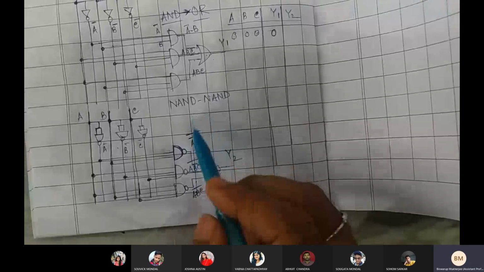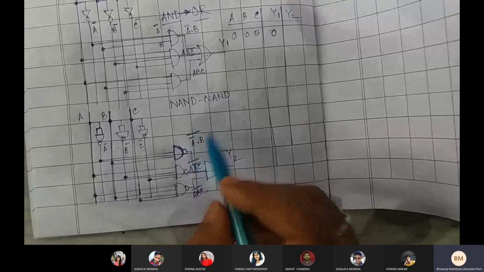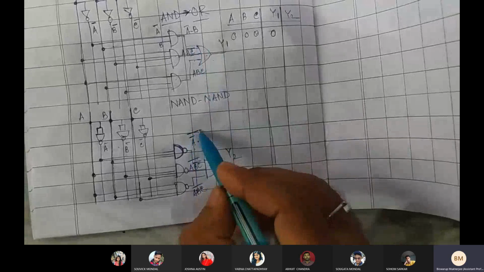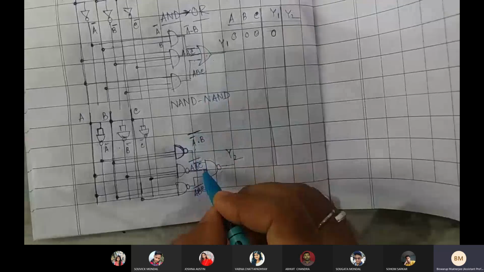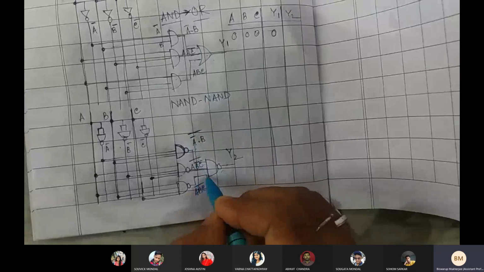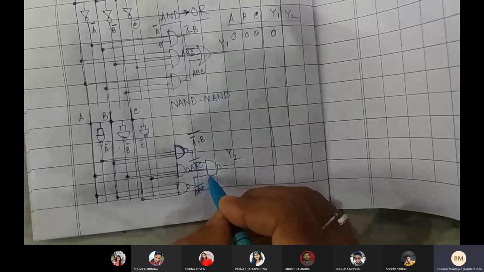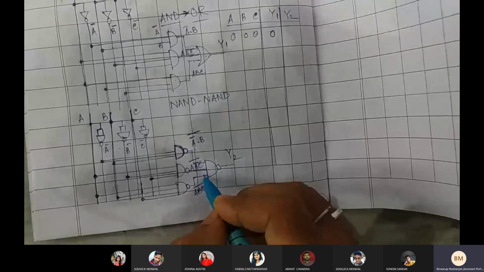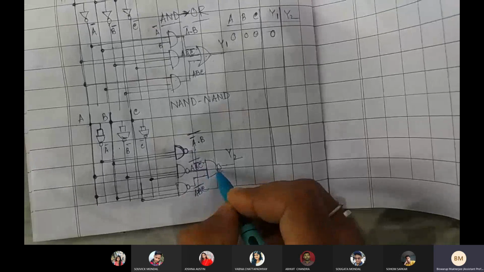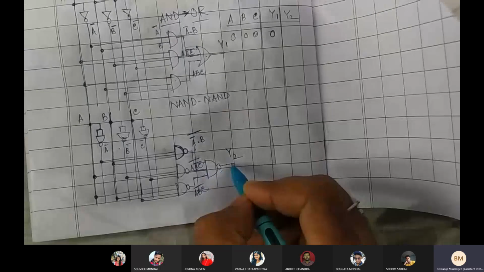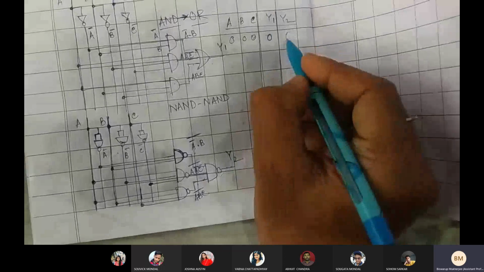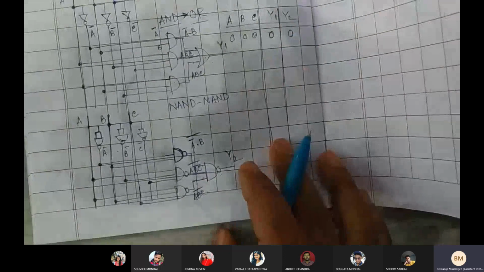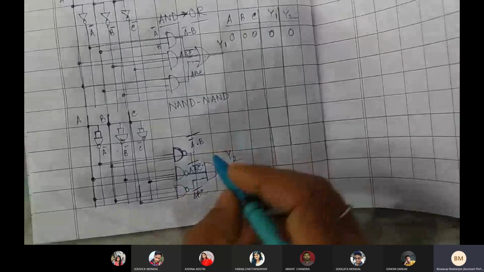So already we know that A bar B has come here as 0. So this would be 1. This would also be 1, and this would also be 1. So these 3 points are coming 1, 1, 1, right? Now 1, 1, 1. If you make a NAND operation between these, again output would become 0, right? So Y2 would also become 0, right? So something like this way.